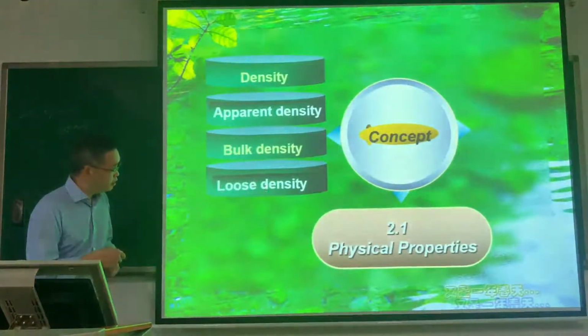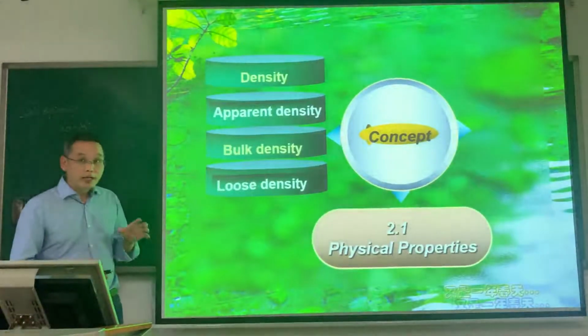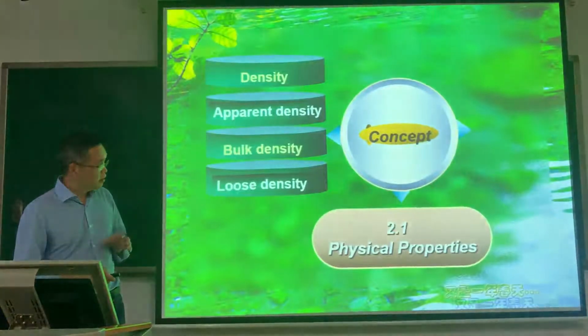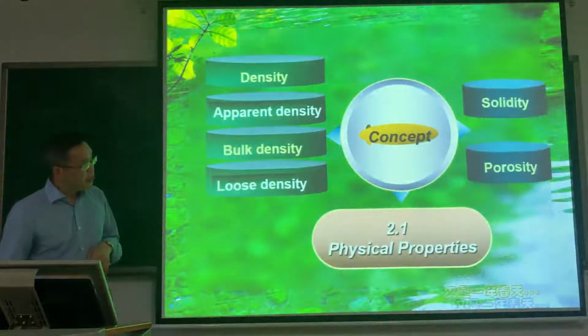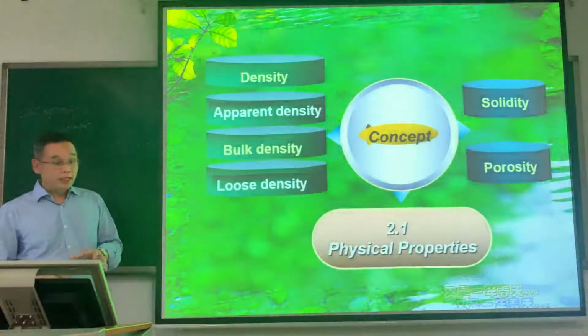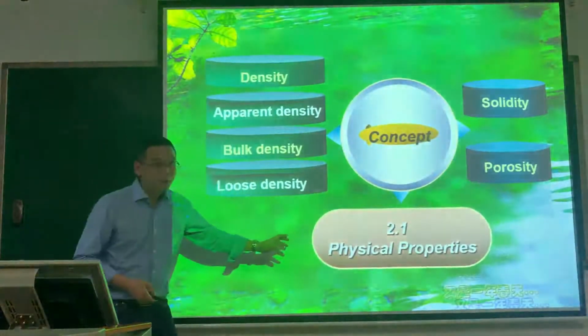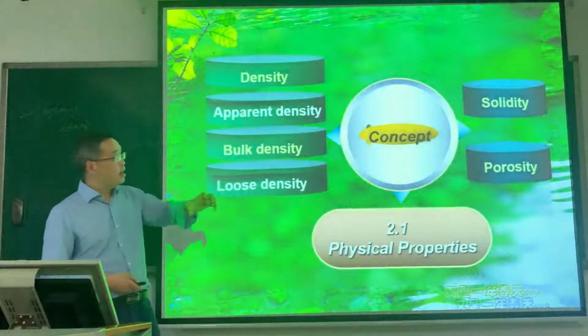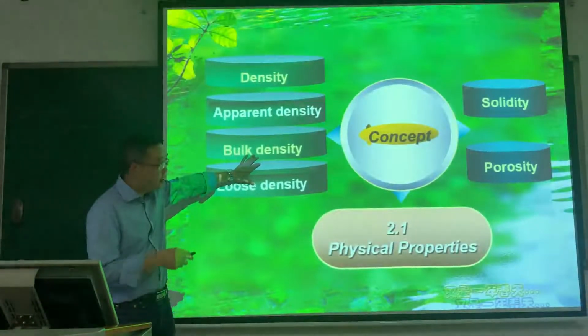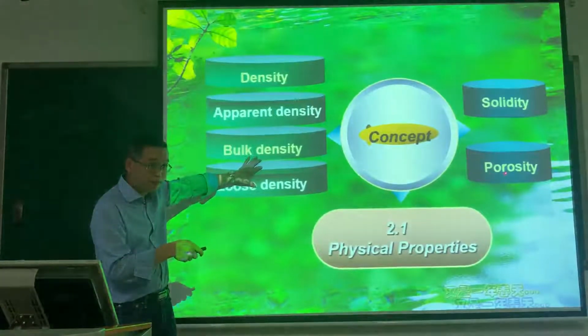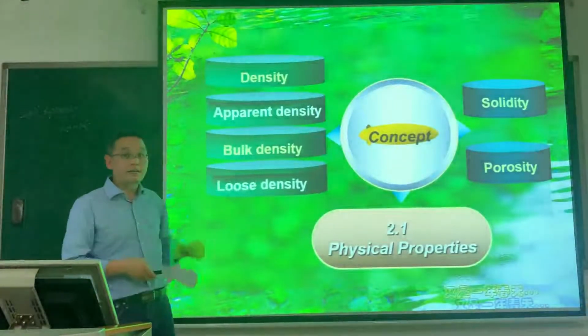And then loose density or the consensus density. And then the solidity and cross porosity. In this course, we emphasize these four kinds of density, and the porosity.